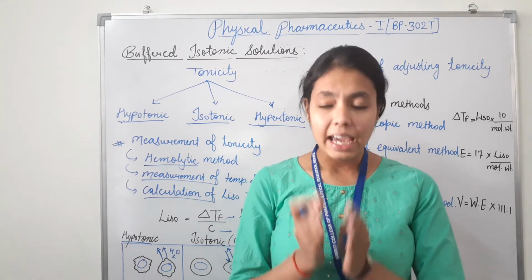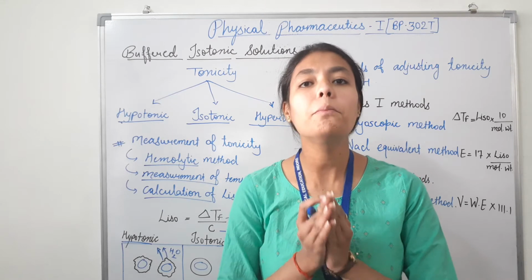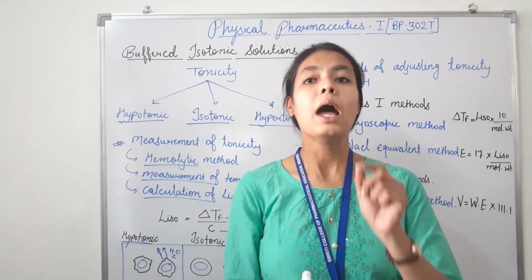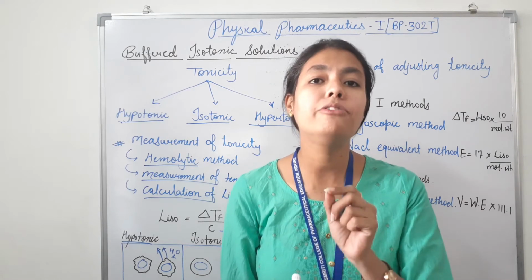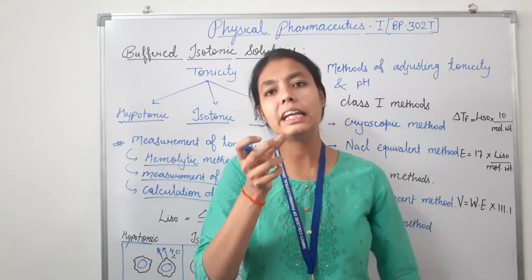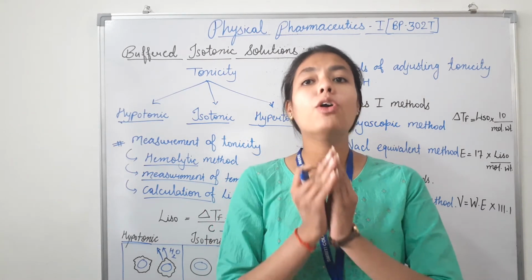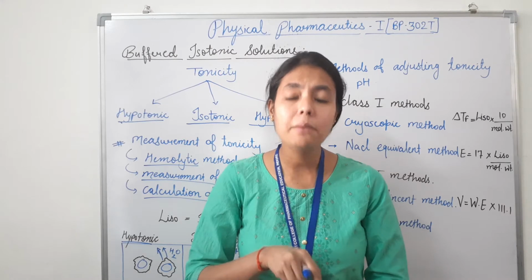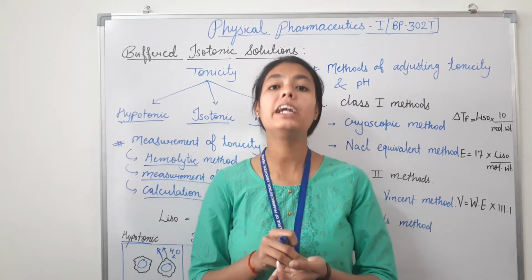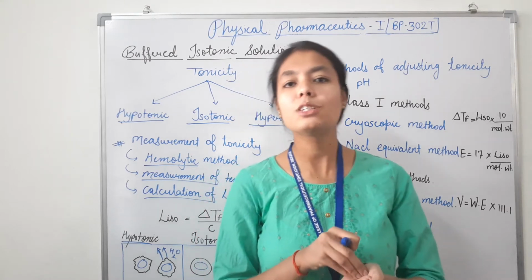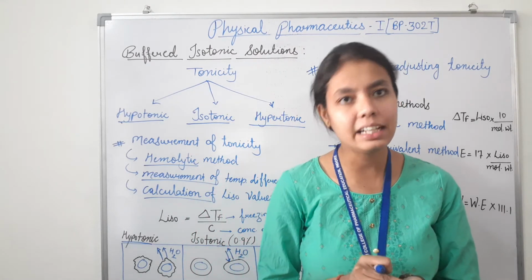As we know, the freezing point of 0.9% NaCl solution is minus 0.52 degrees centigrade. For water, 0 degree is the freezing point, but if we add NaCl to make a 0.9% solution, the freezing point of that solution is minus 0.52 degrees centigrade.